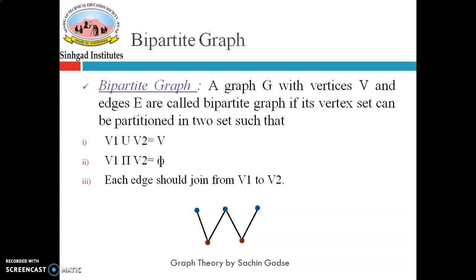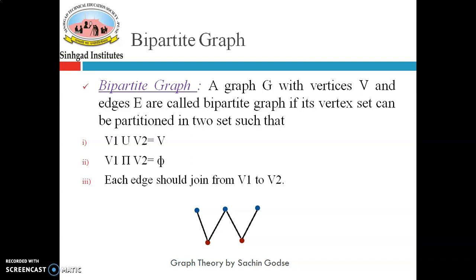Means here we are dividing the vertex set of the given graph into two sets, that is V1 and V2. After dividing this, we will check V1 union V2 should be equal to the vertex set V of the original graph, and V1 intersection V2 should be phi. Means there should not be any common vertex between these two sets V1 and V2. And third condition is that each edge should join from V1 to V2.